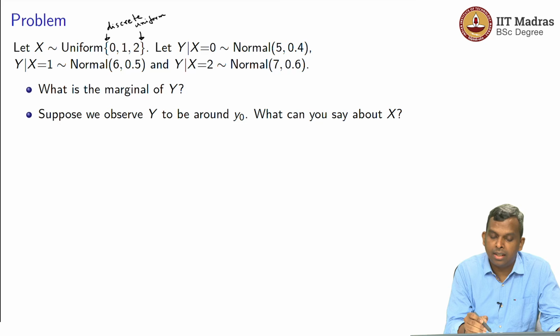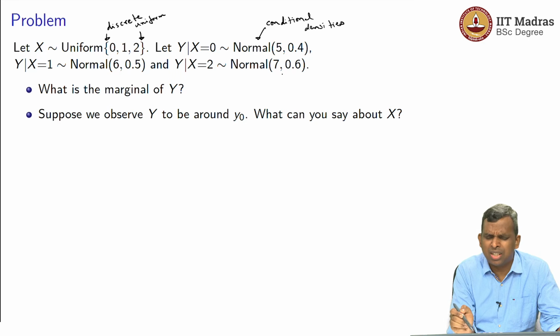And then y given x equals 0 is normal 5 comma 0.4. So these three describe the conditional densities, right? These are all conditional densities: y given x equals 0, y given x equals 1, y given x equals 2.